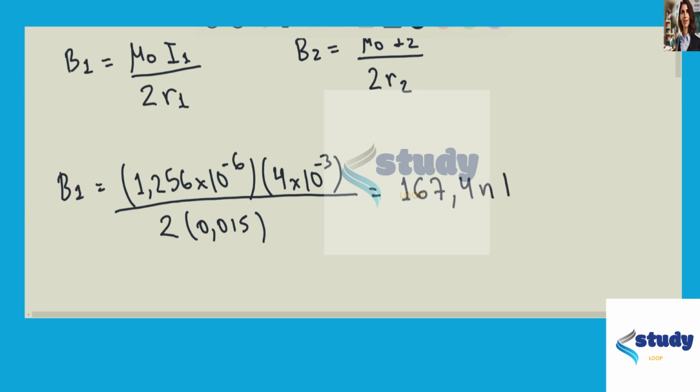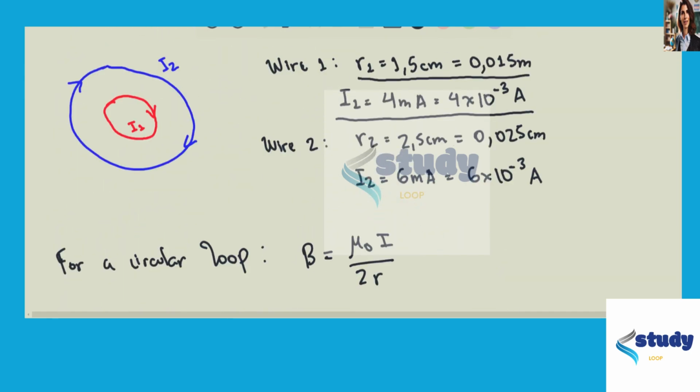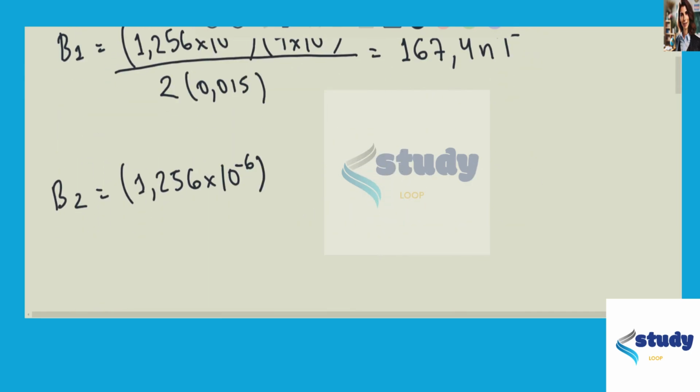So this gives us a value of 167.4 nanotesla. And for loop 2, we will have the same constant, 1.256 times 10 to the minus 6. The current changes. The current of the second loop is 6 milliamperes, which is 6 times 10 to the minus 3.